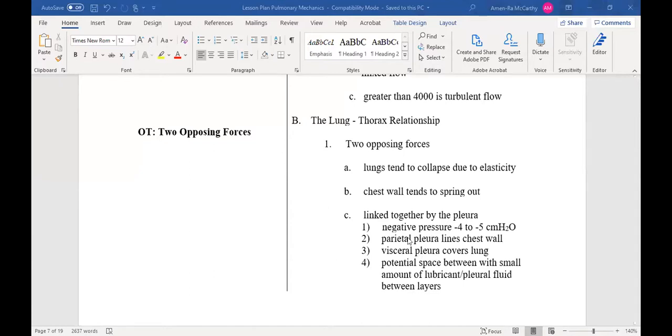And the pleura that is touching the chest wall is the parietal pleura. All right. Now, in between the two, there's a negative pressure, about -4 to -5 centimeters of water. There's a potential space between them with a small amount of lubricant, also known as pleural fluid or serous fluid, between those layers.